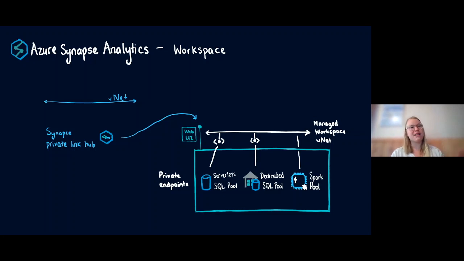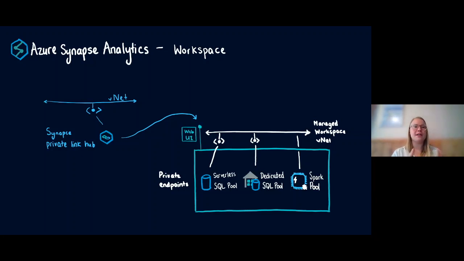And to have really that link with your virtual network, you need a private endpoint there as well, connected to that Synapse private link hub. So as you can see, it gets a little more complex if you want to secure everything very securely. And there are just a few little details missing from this picture, but it gives you the idea of what components you need and how you need to set this up.